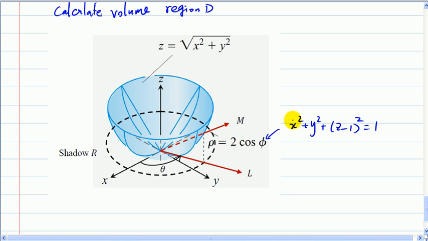Now, in spherical coordinates, the equation for the cone, if you remember, is phi equal to pi over 4, and we did that in class. So how do I go about it with spherical coordinates?